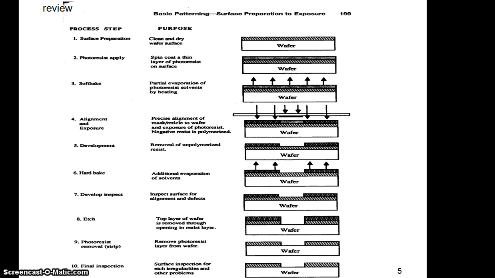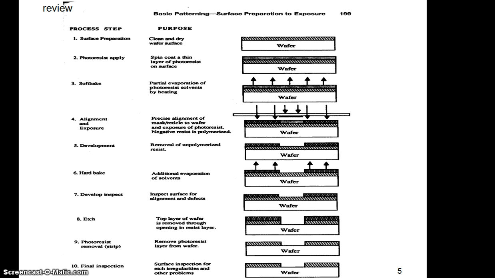Then development: the UV exposed photoresist is developed, then hard bake, then develop inspect. Hard bake is done so that the unexposed photoresist will get harder and will not etch out. If successive fabrication steps follow, it will get stabilized by hard baking after development.